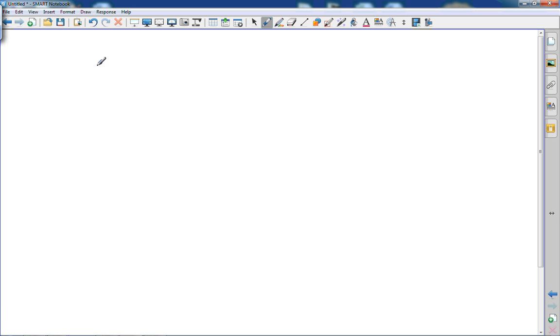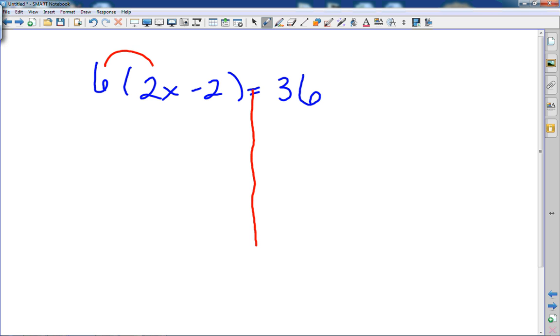Next, I have 6 times 2x minus 2 equals 36. Whoops, crazy pen. I'm going to draw a straight line. I take 6 times 2x and 6 times negative 2.